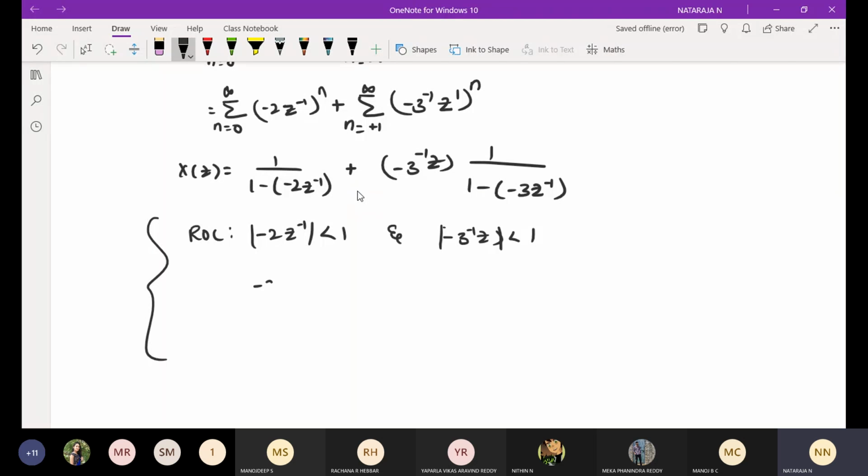Then 2 will be less than magnitude of z, and 3 will be greater than magnitude of z.